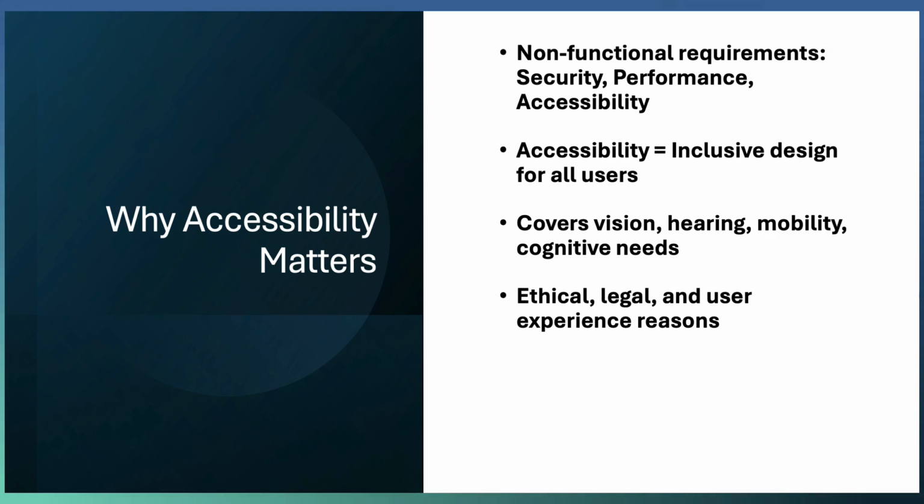That includes users who are blind or have low vision using screen readers, users with motor impairments navigating via keyboards, people with cognitive or learning disabilities, and many others. Building accessible apps is not just about checking a box. It is about equity and inclusion. It is also increasingly required by law in many regions and essential for good user experience.